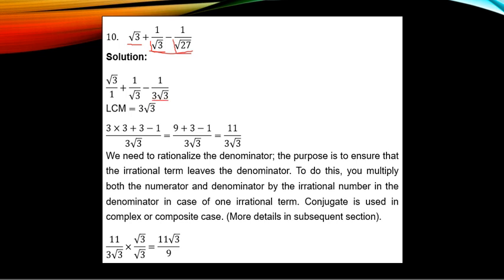Now, there's what I call balanced fraction. In balanced fraction, all the terms have numerators and denominators. For that, you write this one as over 1, as you have here, to have a balanced fraction. Then you find the LCM. The LCM of 1 root 3 and 3 root 3 is 3 root 3.